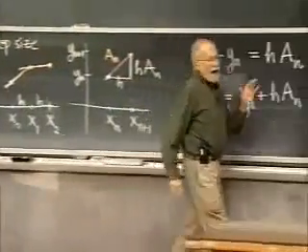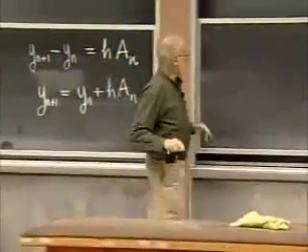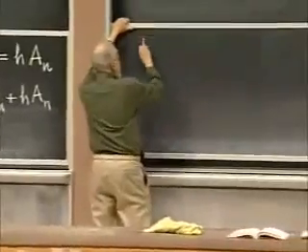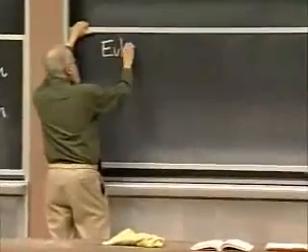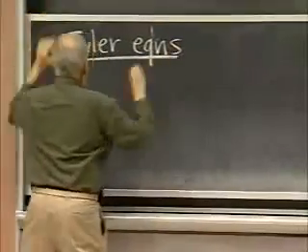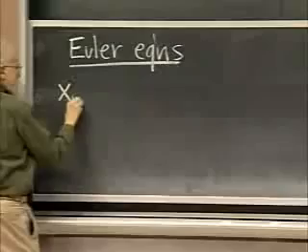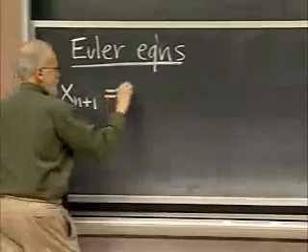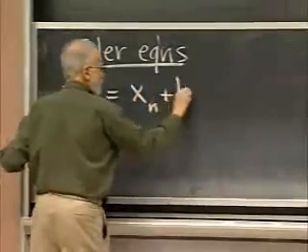Well, the computer has to be told that an is the value of f. So now, with that, let's write the Euler method equations. Let's just call them the Euler equations. What will they be? First of all, the new x is the old x plus h.